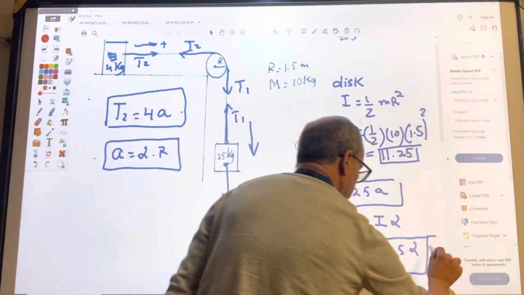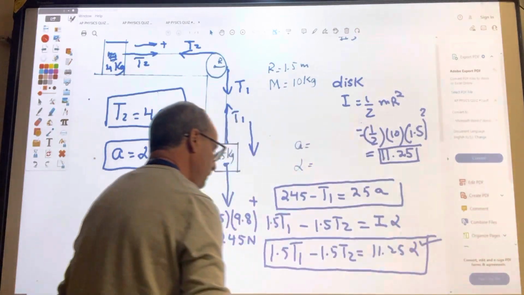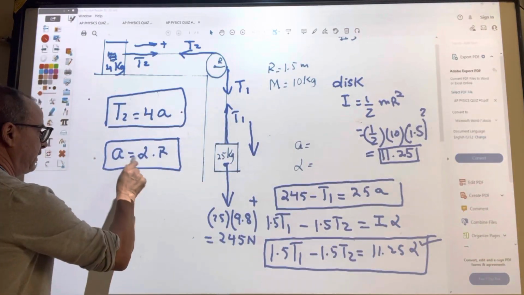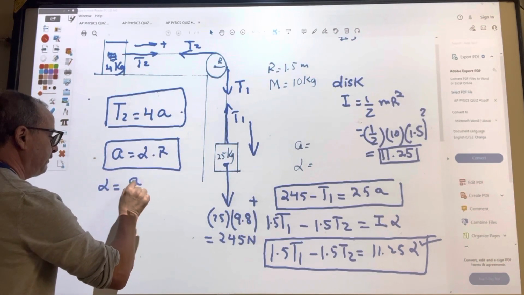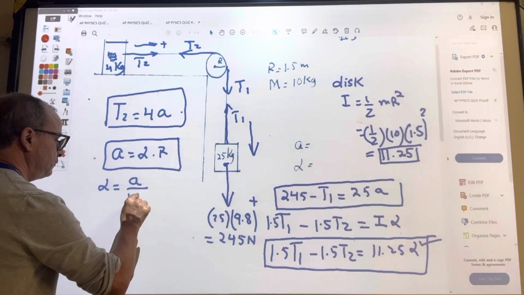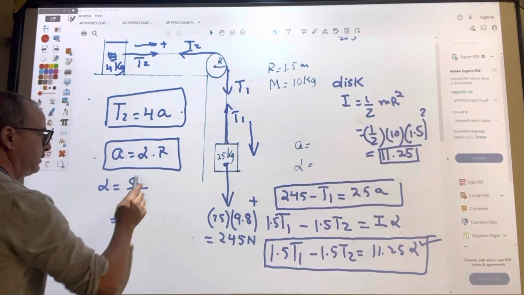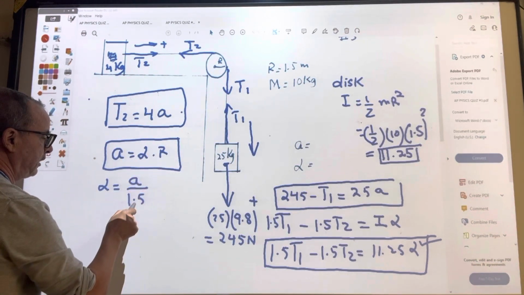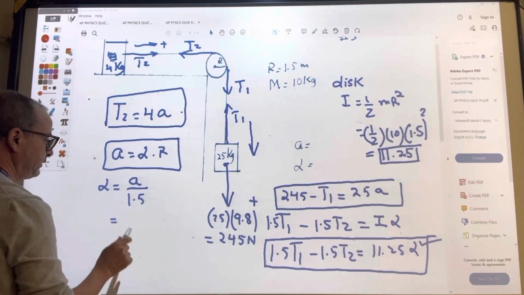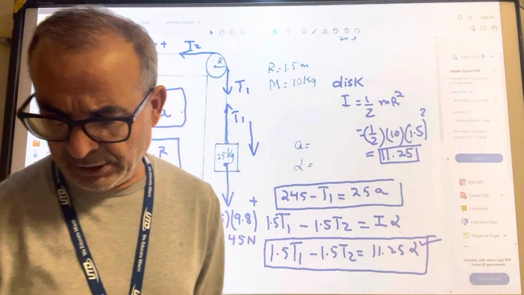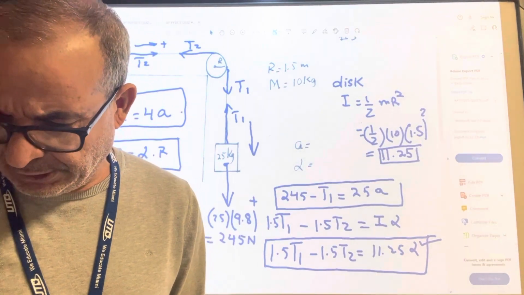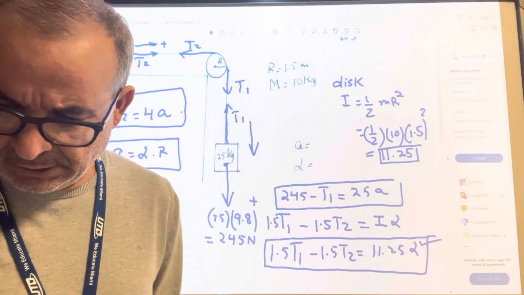I'm going to get alpha from here. Alpha is equal to A divided by R, which is 1.5. So alpha is A over 1.5, which is 0.66667 A.